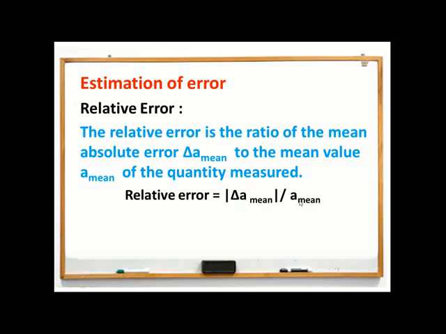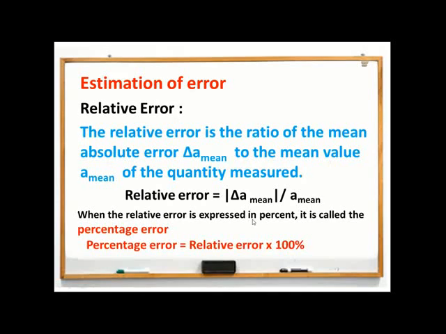The formula is given here: modulus of delta a mean divided by a mean. Whatever absolute errors we find, we take their average, the mean, and divide by the mean value of the quantity measured. That ratio gives relative error, and if we express relative error in percentage, we get percentage error. Suppose you have got the relative error and you express it in percentage, then you will get the percentage error.